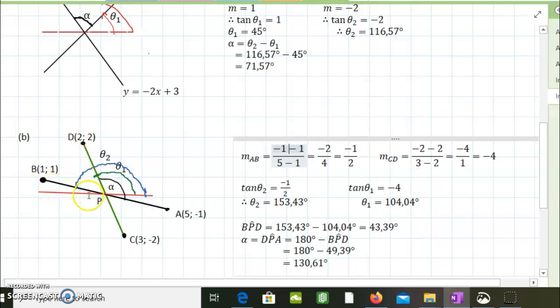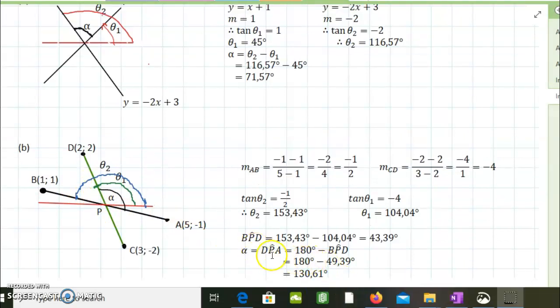Because this line AB is a straight line, and this angle plus alpha is 180. So to find alpha, I just need to say 180 minus this BPD. So alpha is therefore 180 degrees minus 49,39 degrees, and that gives you an answer of 130,61 degrees.